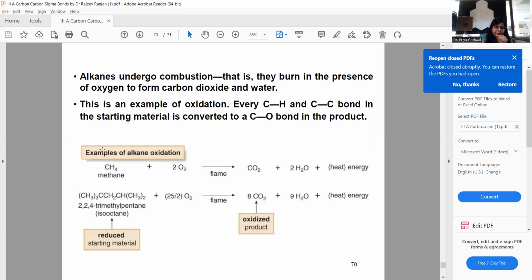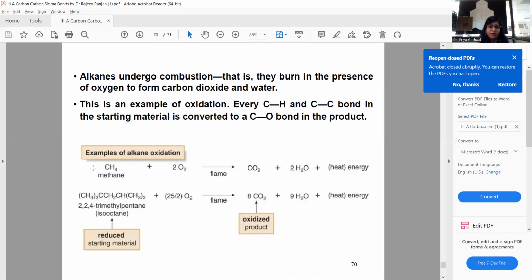Some examples of alkane oxidation: CH4 plus 2 O2, the oxidizing agent, in a flame gives CO2 plus 2 H2O. In this reaction, heat is generated as energy.